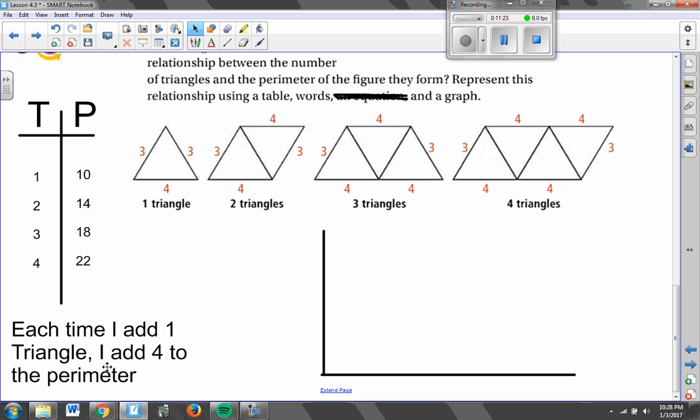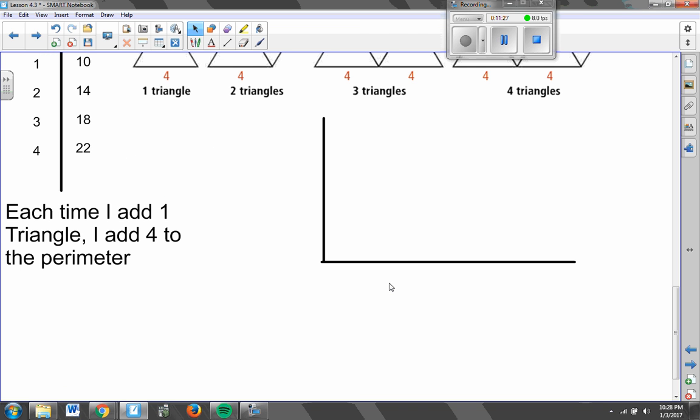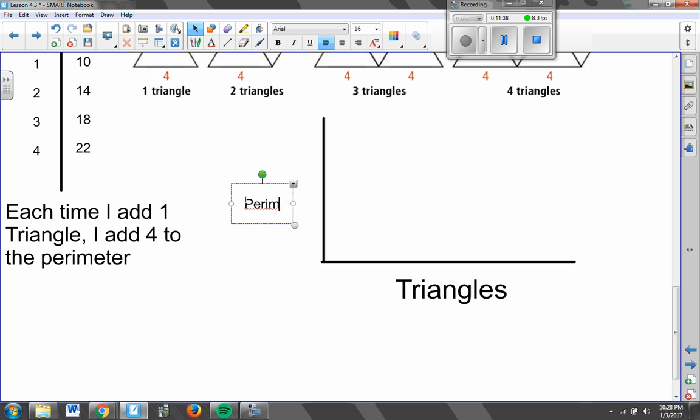Now I will make a graph right here, which shows once again on the bottom it's just triangles as my independent variable because they just keep going up, up one at a time. The perimeter is what's changing as I add more triangles. It's dependent on the number of triangles. And again, down on my triangles, I'll space these out a little bit more. 1, 2, 3, 4 triangles.